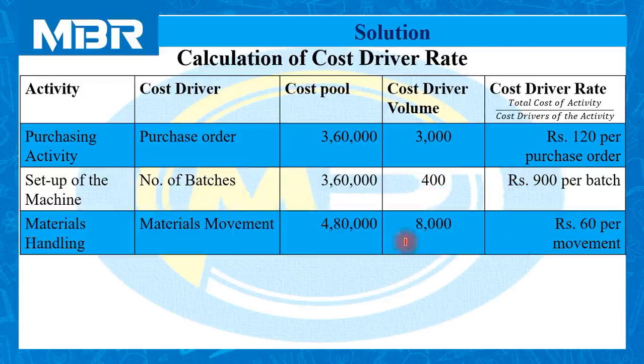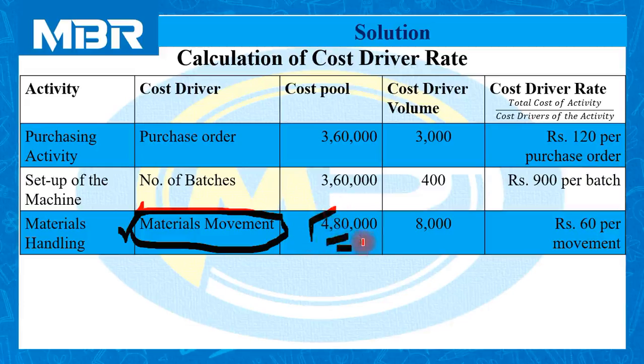The third expenditure is materials handling. For the distribution, we have to apply the base of materials movement, as it is readily given in the question. Total expenses to be incurred on materials handling is rupees 4,80,000, and it is expected that a total of 8,000 movements will be there.